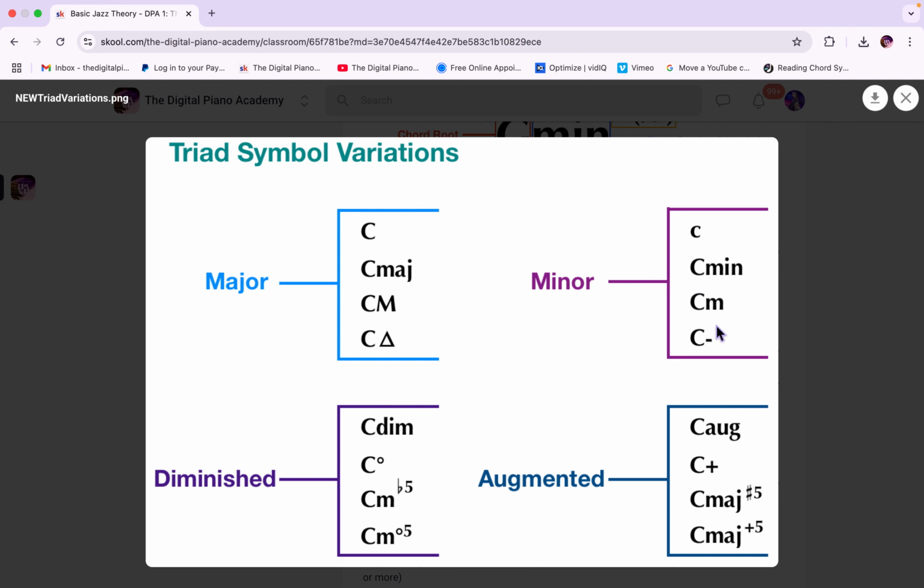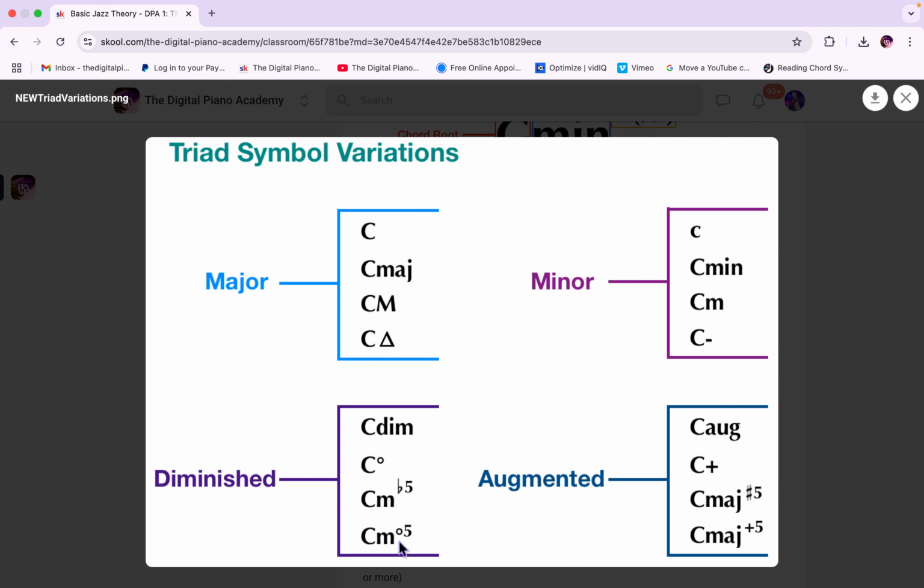So for minor, in some cases, you will see a lowercase c. That could mean minor. You could see C minor. You could see C lowercase m, and then you could see C minus sign. For the diminished, you will see C dim, C circle, C minor flat 5. I don't see this one typically, but it does exist.